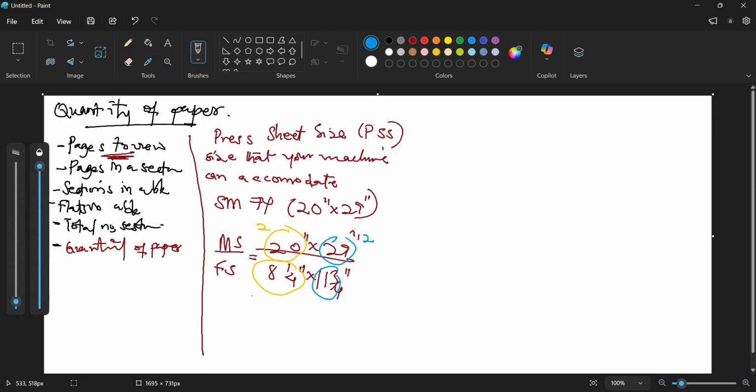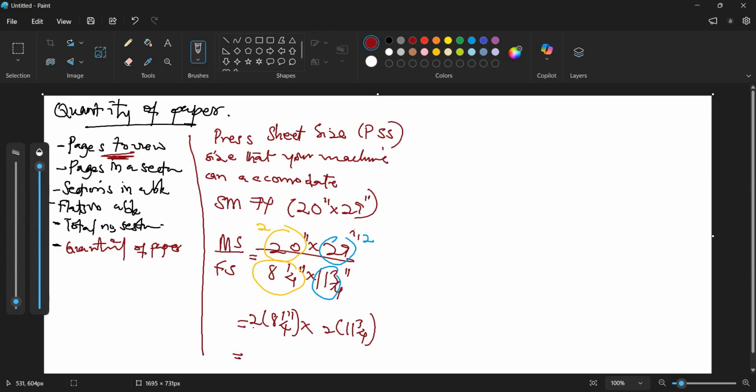So this is what we are coming to do. We are coming to use the number of times that they went into each other, multiply. So we take these 2, multiply it by 8¼, we take these 2, we multiply it by 11¾.